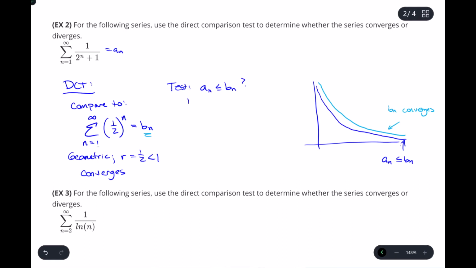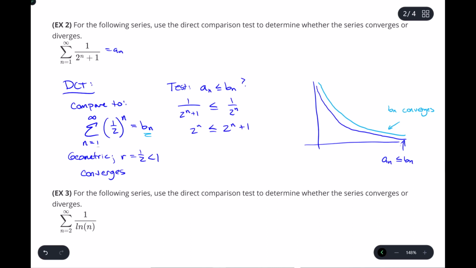So a sub n is 1 over 2 to the n plus 1. B sub n is going to be 1 over 2 to the n. And then I just went ahead and raised the fraction itself to the nth power. So 1 to the n is just 1, and then over 2 to the n. All right, all of these terms are positive. We can cross multiply, that's great.